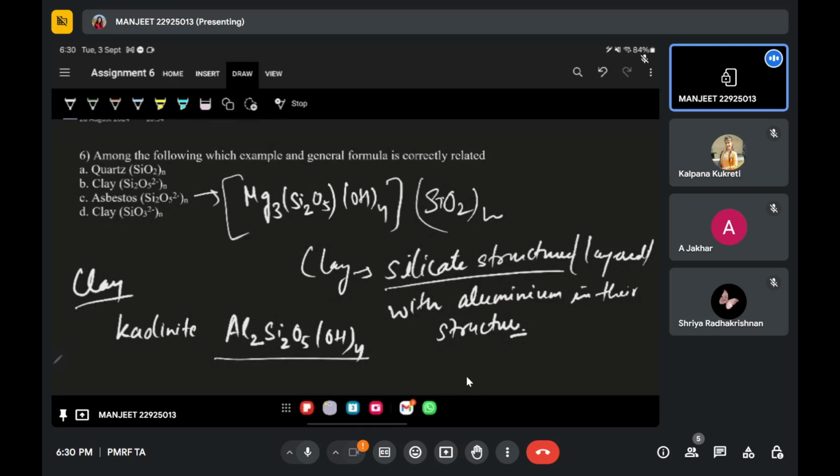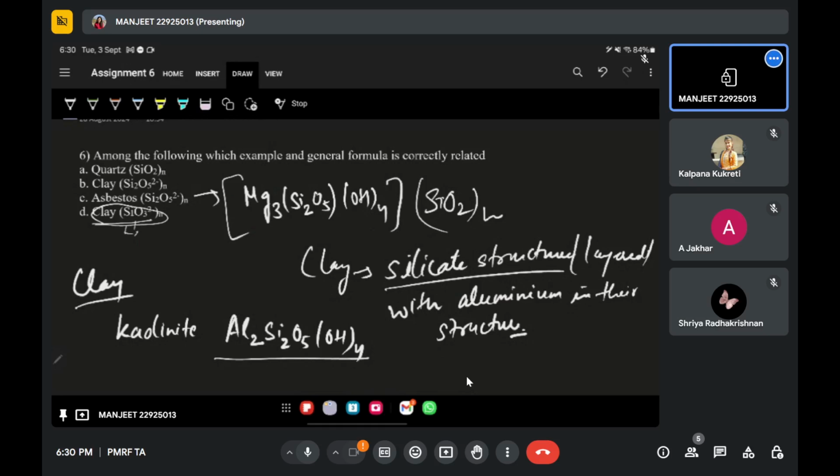So this is for the asbestos, and the third one is the SiO3 2 negative n. So this does not represent the clay one because clay is having the layer structure. This is because this clay is having the aluminum in the structure, and they are having the silicate structure also.